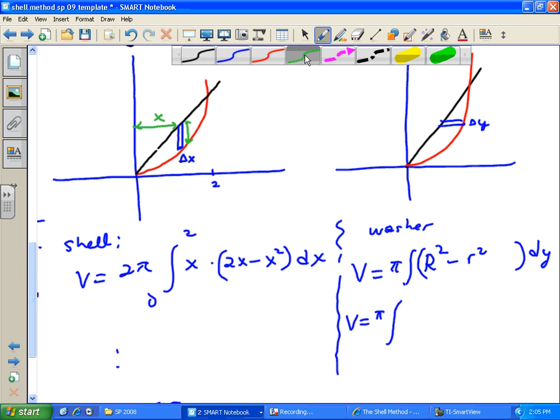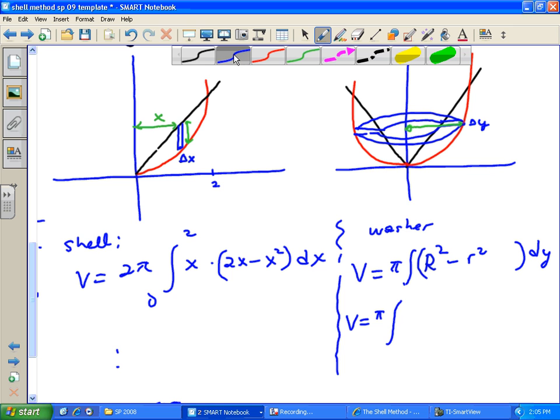Just to show you, if I rotate this figure around, and this was my original rectangle, this becomes your washer. So what is the outer radius of this washer? It is this distance from here to the end of it. This is your bigger radius, right? So what is that? You've got to give me the answer in terms of y.